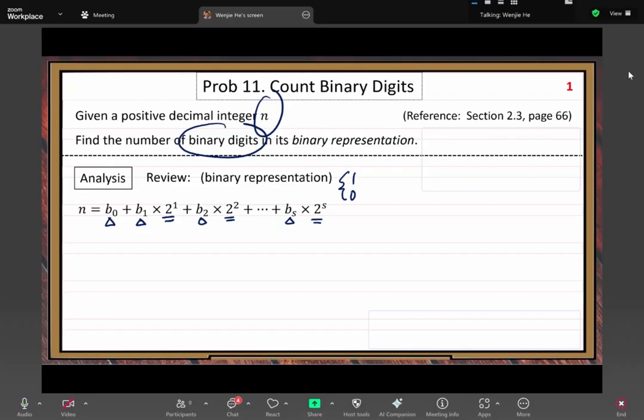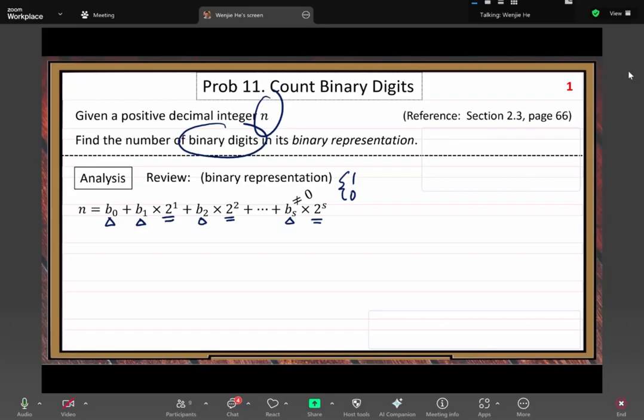Write this representation. This representation appears in your discrete math. In discrete math, you have one chapter talking about the binary system. Then our b sub s, that's the most significant bit. The most significant bit should not be 0. Otherwise, we remove it, we do not need to write that term.